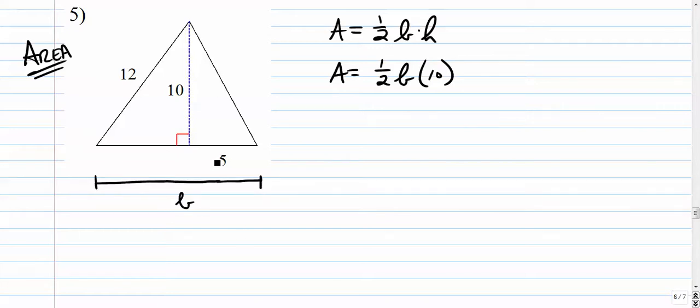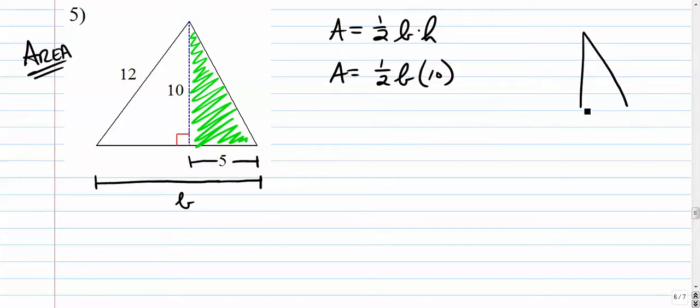The 5 only represents that distance. So first I'm going to extract this right triangle and look at it separately. I'm going to put 10, 5, and I'll call the hypotenuse C.